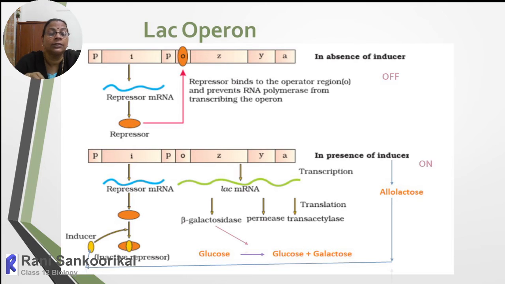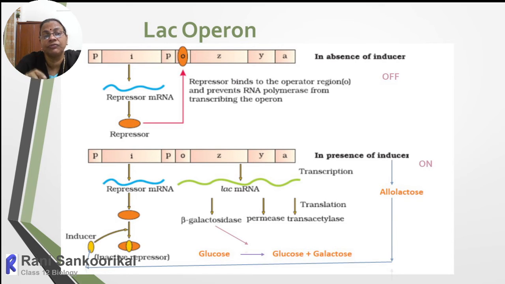So from the repressor inducer complex, the inducer is removed and utilized, and the repressor will be free from its action. Then this freed repressor will immediately go and bind with the operator and make the operator off.